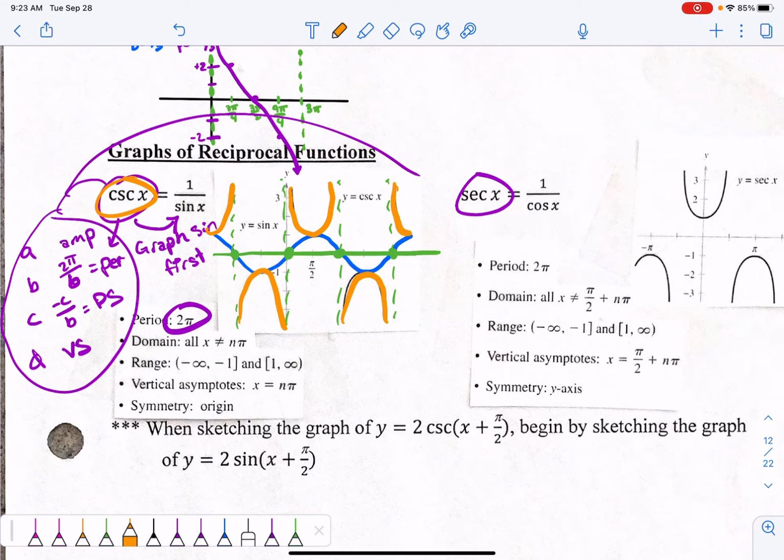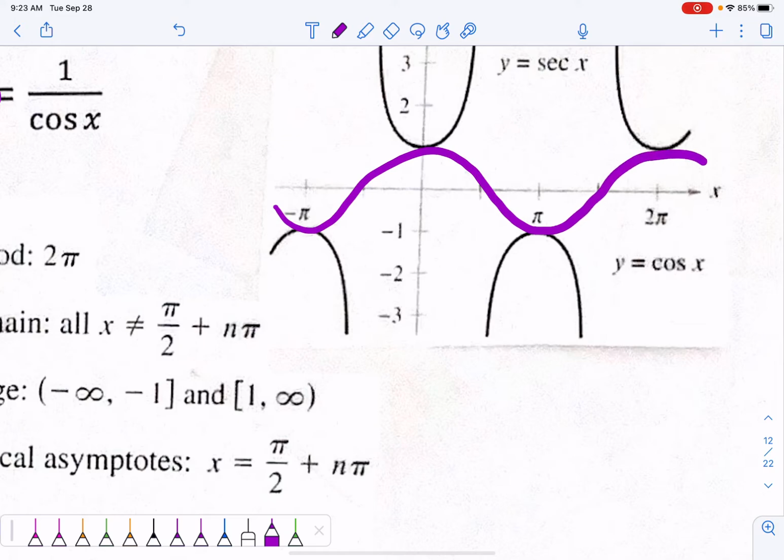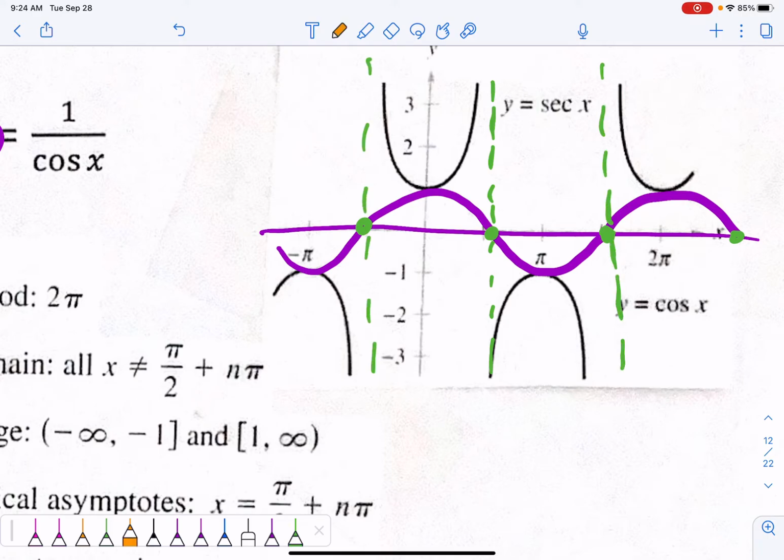Same thing with cosine and secant. So we can see cosine here, this guy, and our middle line is here. Our vertical asymptotes are going to connect at each one of these points, so we have vertical asymptotes here and here and here. And then our secant function is just going to be the parabolas off of that.